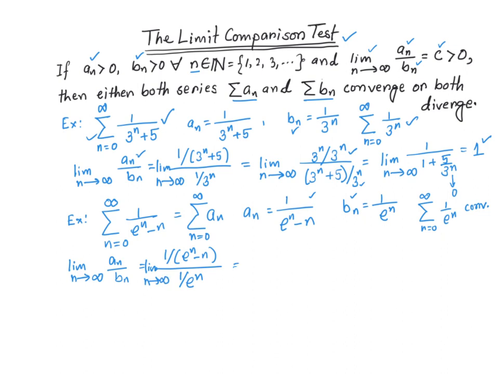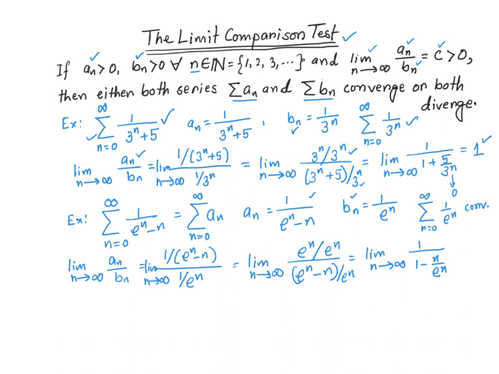Now, if I simplify it, it gives me the limit as n approaches infinity of e to the power n over e to the power n minus n. Now I could divide both the numerator and the denominator by e to the power n, right? That's going to give me 1 on the top, and on the bottom I'm going to get 1 minus n over e to the power n.